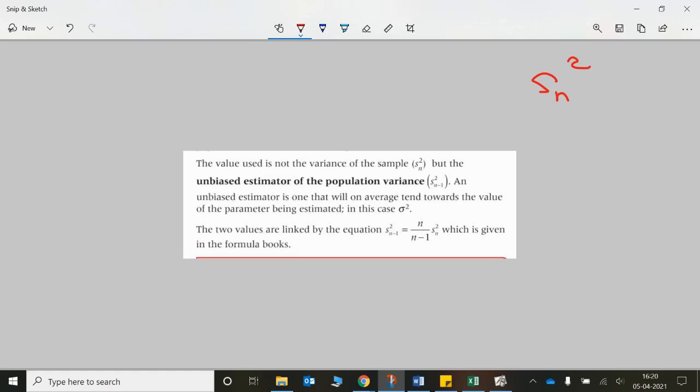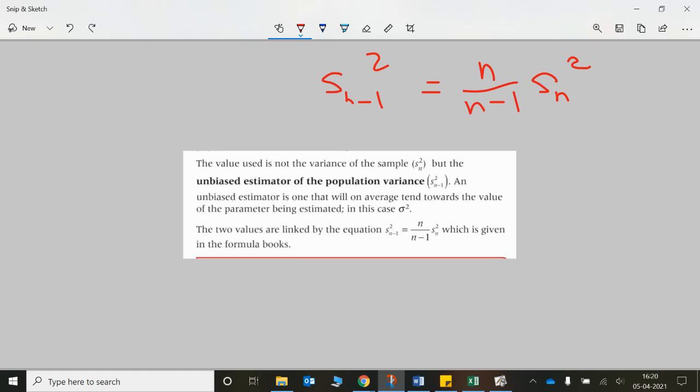So sample standard deviation squared times n over n minus 1, which, if you think that n is, for example, 10, then 10 over 9 is going to be slightly over 1. So that's going to give us a slightly larger answer for Sn-1 squared. So this is our unbiased estimator for sigma squared, for our variance of the population.